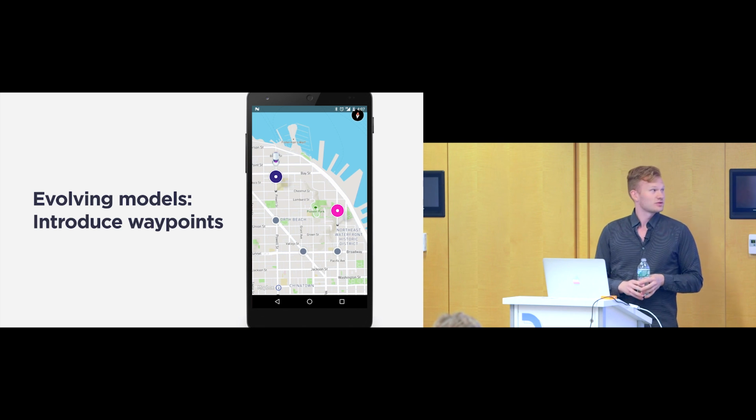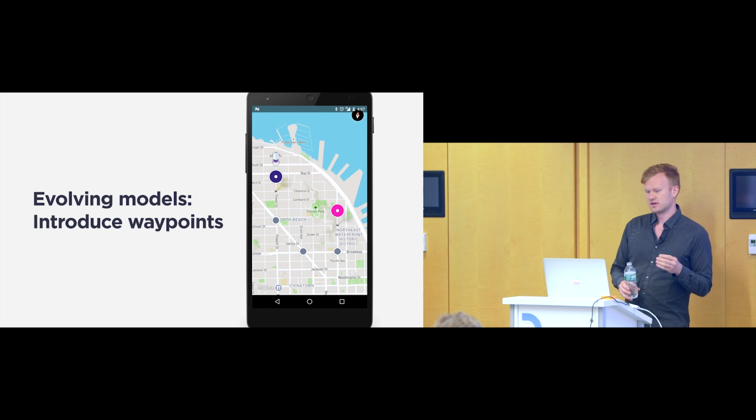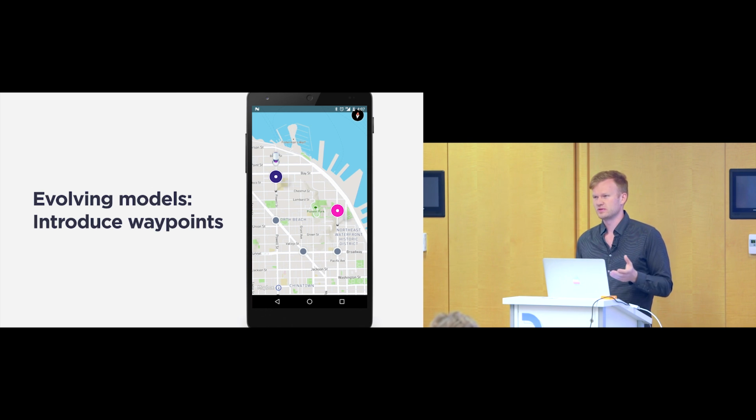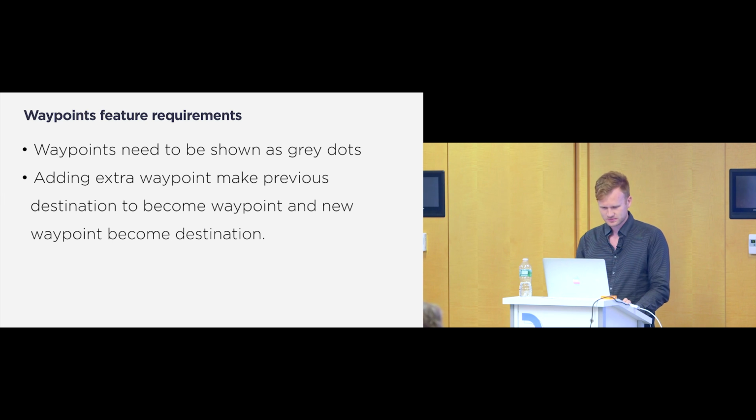The biggest advantage of using domain-driven design comes when you actually need to evolve your business logic and new features get introduced. So let's showcase it with a new example. This time we need to introduce waypoints in addition to pickup and drop-off.